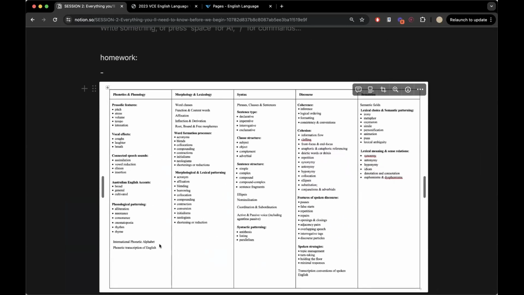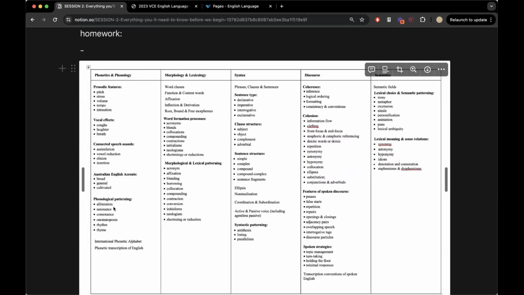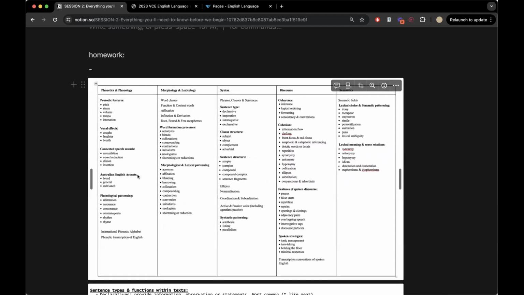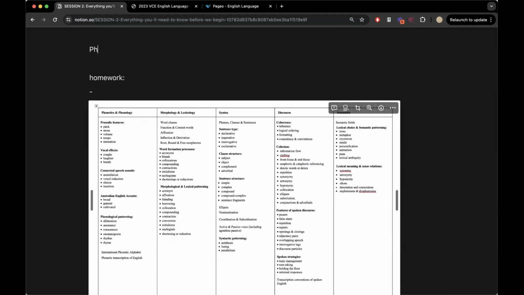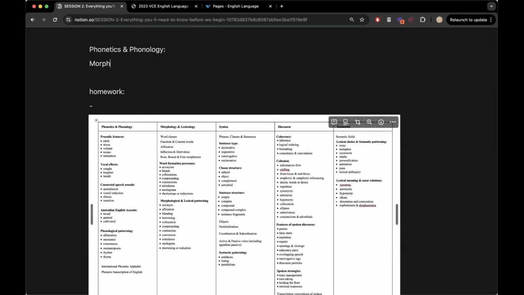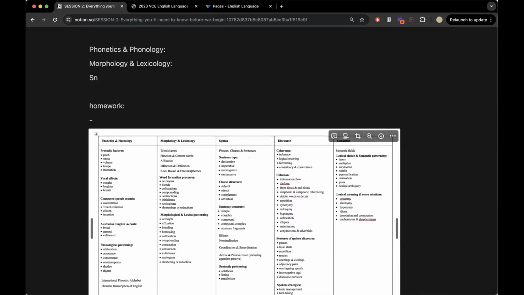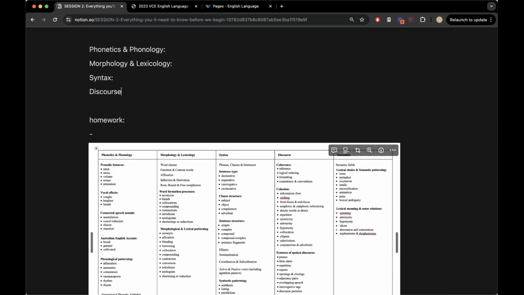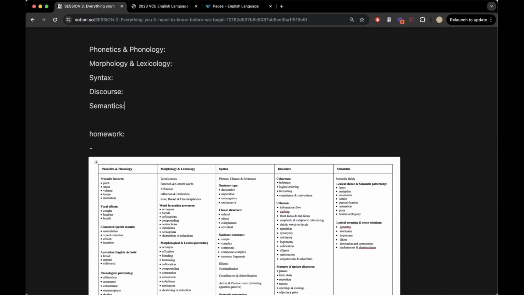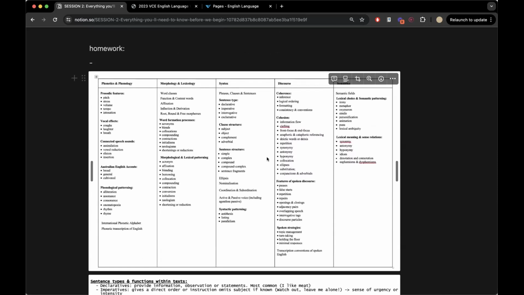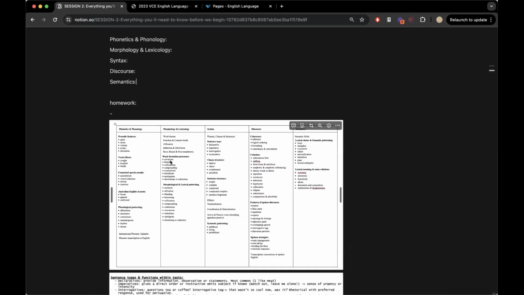But in certain cases, you can find assonance in written texts if they have a poetic function of some sort, right? So if we list out our subsystems: phonetics and phonology, morphology and lexicology, syntax, discourse, and semantics, right? This is like the holy grail, by the way. Please make use of this.